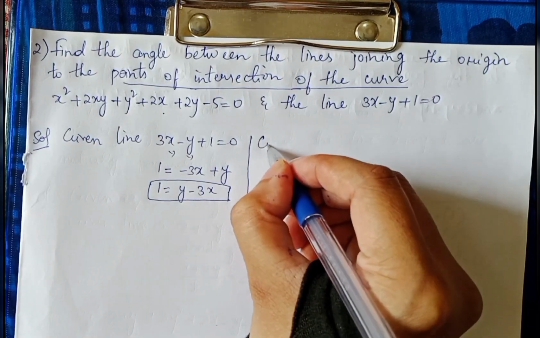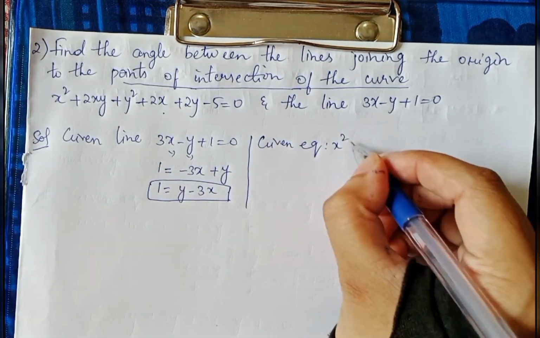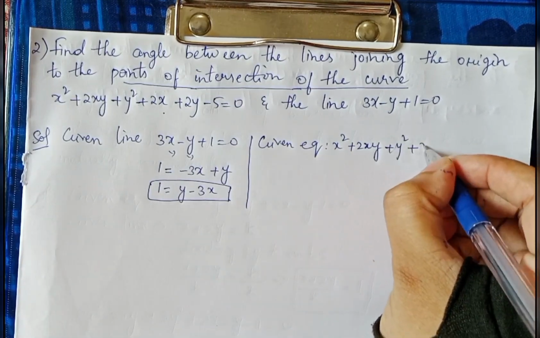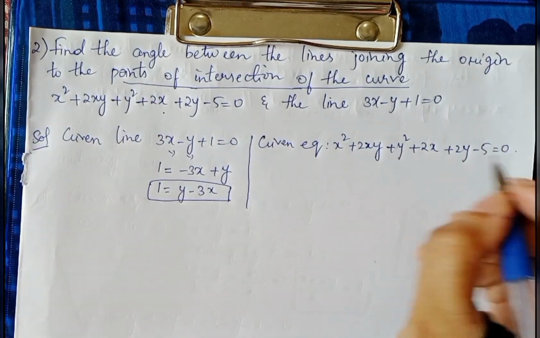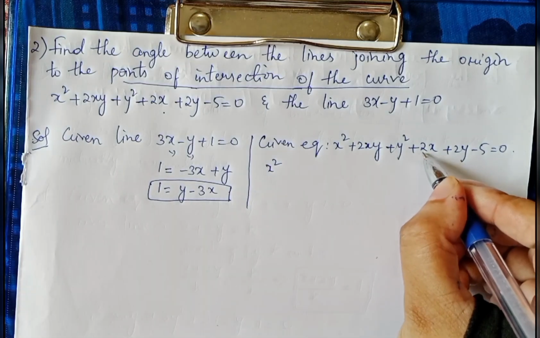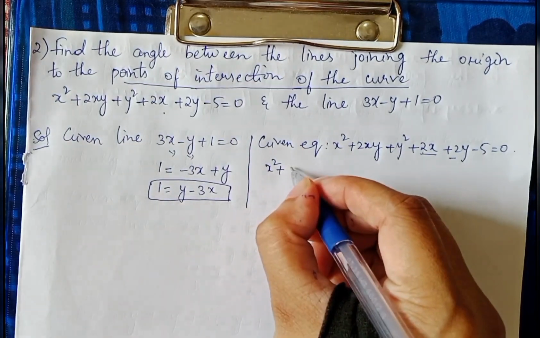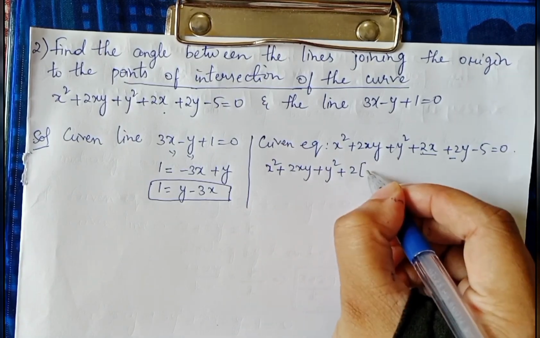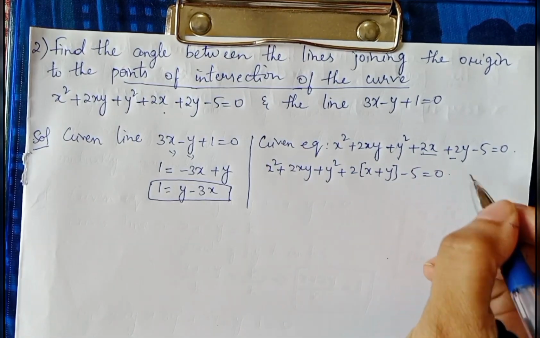And the given equation is x square plus 2xy plus y square plus 2x plus 2y minus 5 equals 0. So here we can take 2 common from the x term and y term, okay? x square plus 2xy plus y square plus, taking 2 common, x plus y, minus 5 equals 0.